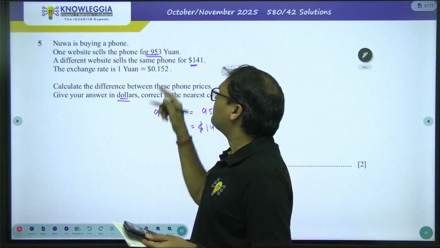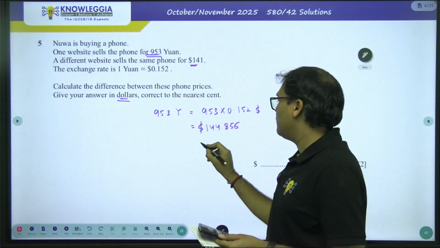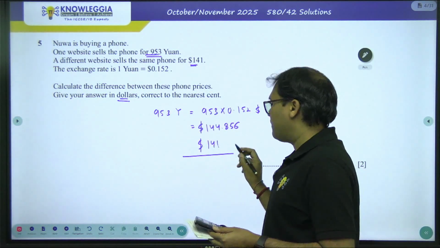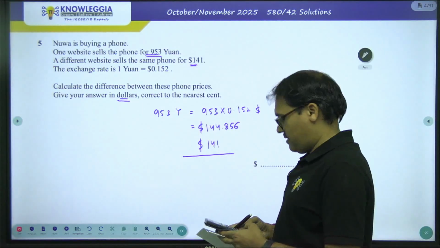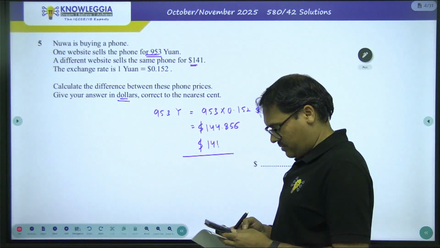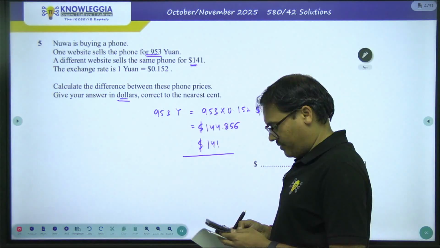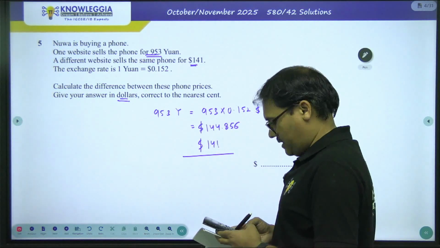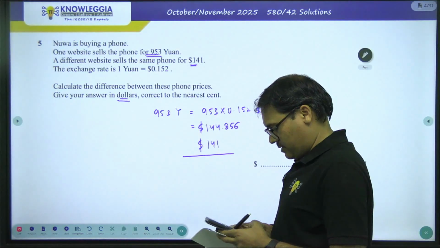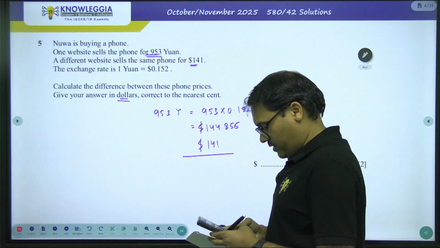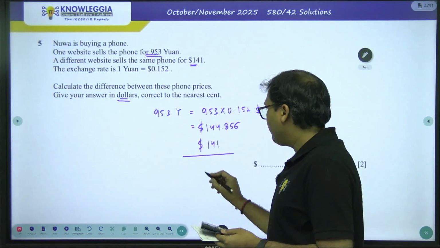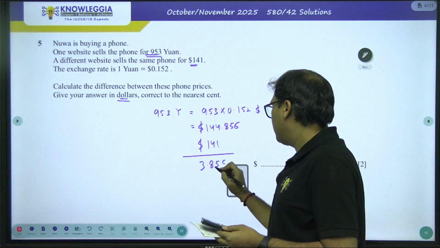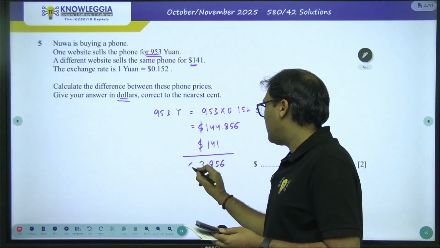Now on the other website, this is $141. So what is the difference? This is 144.856 minus 141, which is equal to 3.856 dollars.